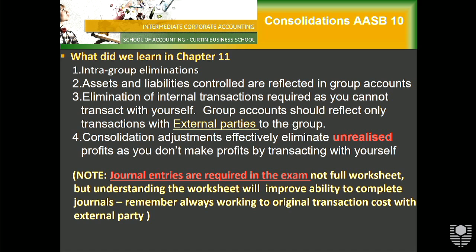And when you're doing that over a number of years, you might need to do some of those adjustments to retained earnings, to eliminate unrealised profits, which include potentially revenue, expenses and taxes.